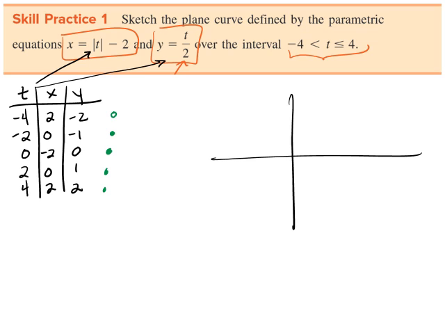So when I sketch this, I will have an open circle at the ordered pair 2, -2, closed circle at 0, -1, -2, 0, 0, 1, and 2, 2. So when I sketch this in, it takes this shape, and the points went in this direction, so that's the way the arrows should go.